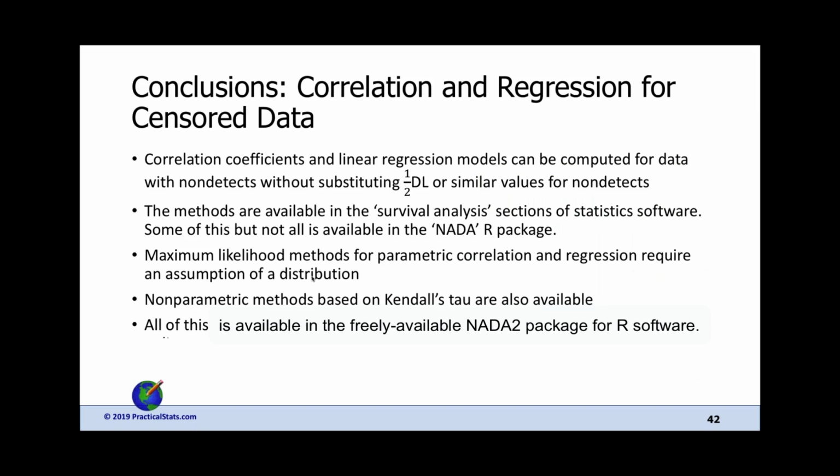So you can do correlation and regression for data without substituting. The methods are available in the survival analysis sections of statistics software. They're in there in all the main statistics packages. So look for survival analysis. You'll have to wade through some of the jargon that is used in survival analysis, and the fact that in medical statistics, which was where it was all developed, they deal more with greater thans than less thans.